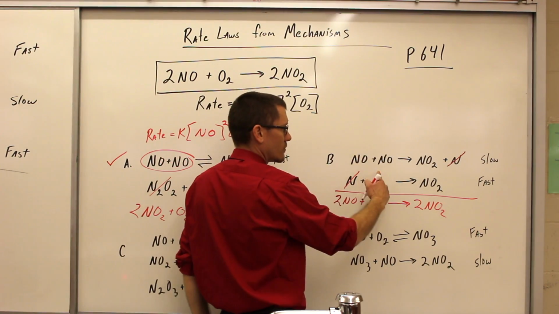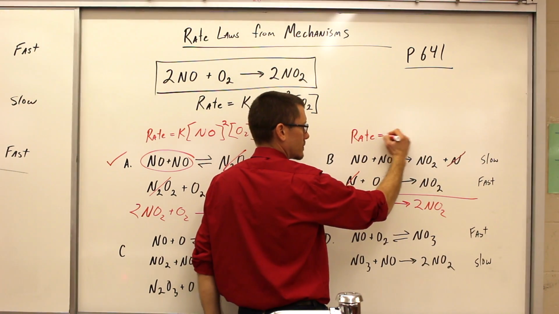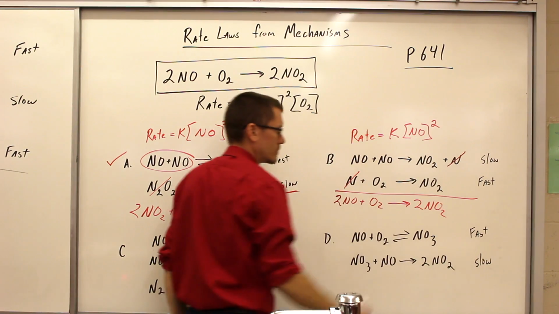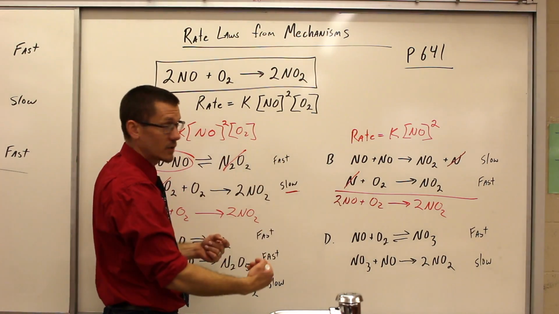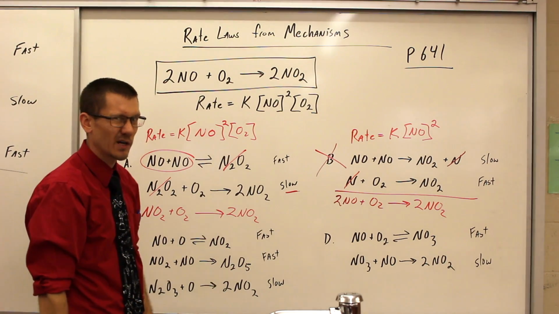And write our rate law from the reactants in the rate determining step. It does not match our observed rate law, so B is not a valid mechanism. That one doesn't work.